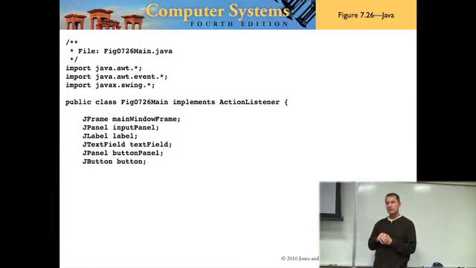This one, I think there's going to be two classes, if I'm not mistaken, plus the main class. Okay, so this figure is in file fig0726 main.java. And this graphical user interface is all just like we had before.